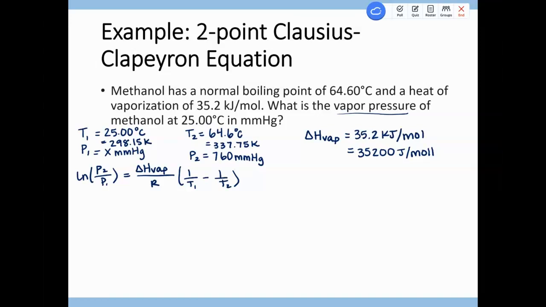Okay, we can start plugging values in. But we don't know P1. And once this is in the fraction with natural log, if we're just looking for P1, it's actually helpful to separate this into that subtraction, where we do natural log of P2 minus natural log of P1.